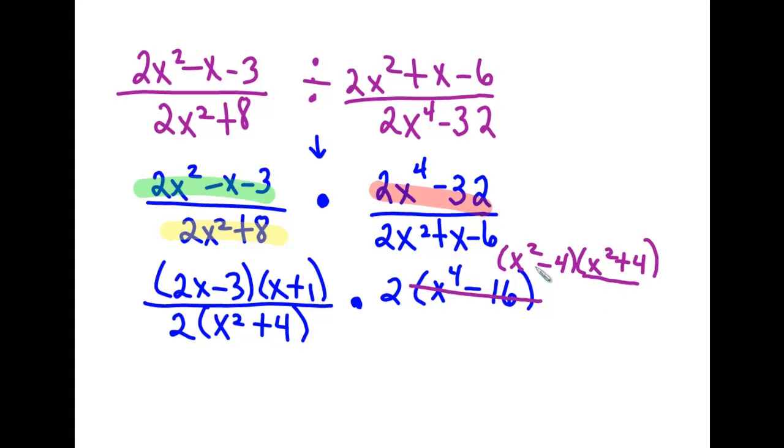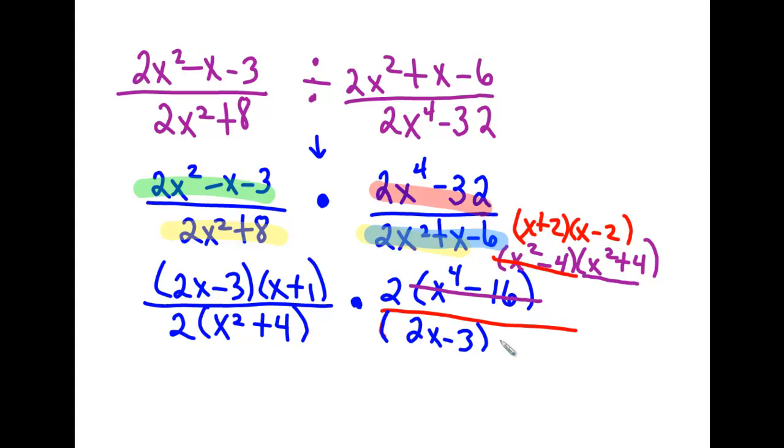Now x squared plus 4 is good, but x squared minus 4 is not complete. So this is one of those problems where we have to continue until we get it completely simplified. And this is going to be x plus 2 times x minus 2. And the bottom number can be factored as 2x minus 3 times x plus 2.